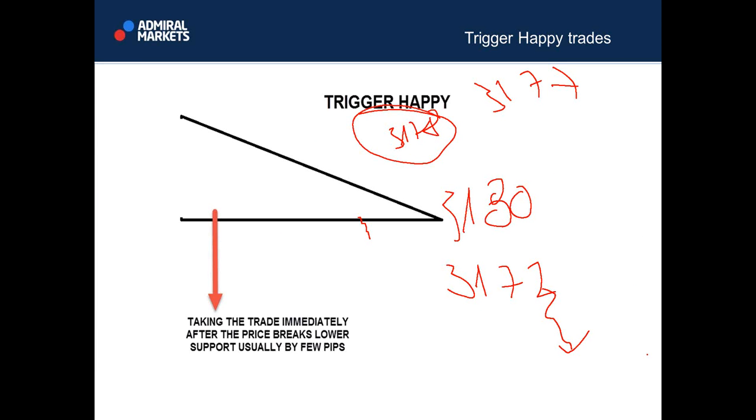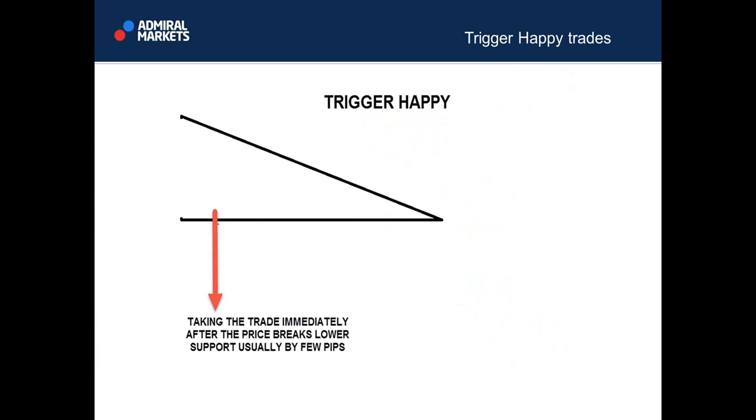basically giving you a free ride if momentum persists. Now, if you place the initial stop loss here after the breakout, what can happen is the price may come back and retest, because sometimes retests are not perfect, effectively hitting your stop loss and proceeding down. So I would never advise placing your stop loss here or here when you do a trigger happy trade or any breakout trade, because there are retests and continuations.